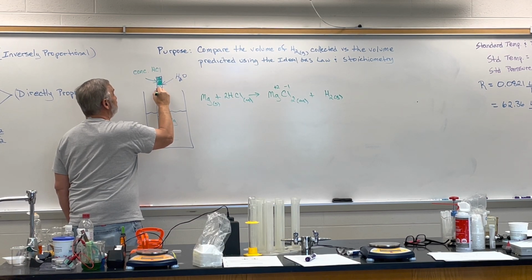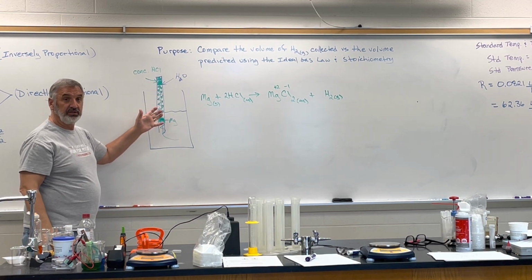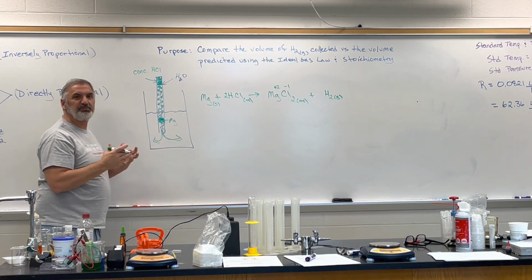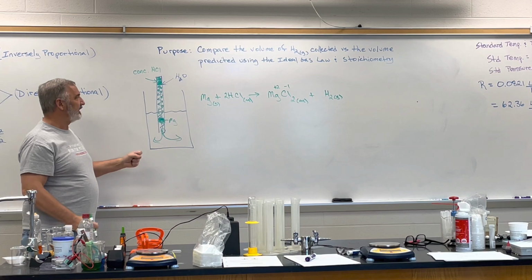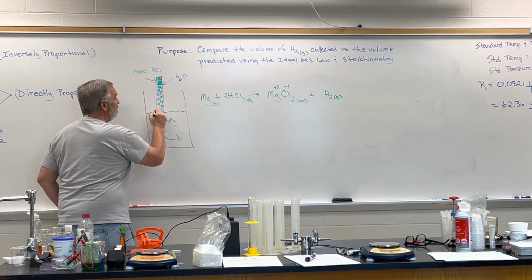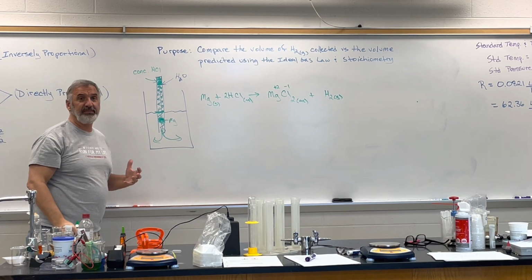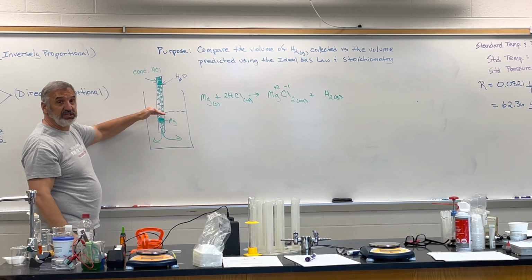So when the acid came down and hit this, it began to bubble. And then what happened to the water that was in the gas collecting tube? It pushed out and came out, and was displaced. So we collected the gas by water displacement. And then we made the levels equal. Once we pushed out, we used just the right amount of magnesium, theoretically, hopefully, to where we could make the water levels equal.